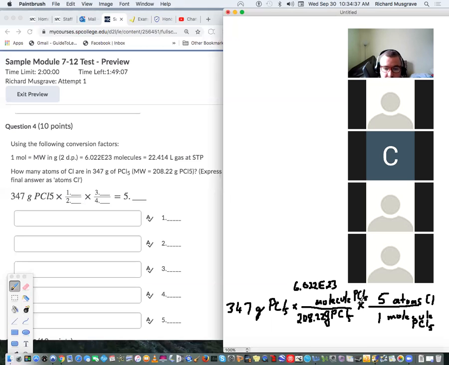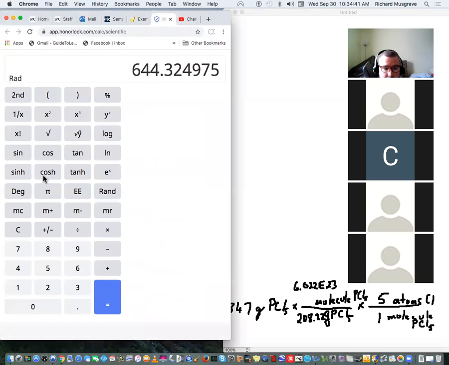So we go ahead and we can put all that into the analog calculator. Clear. And we would have 347 times 6.022 E23 divided by 208.22 times 5.